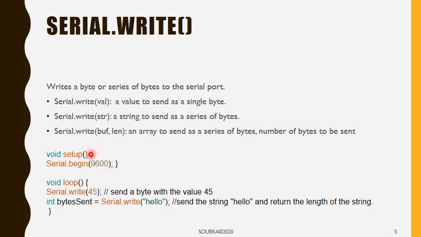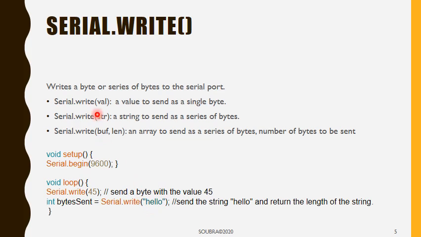So let's see an example here. First thing I need to do is set the baud rate, right, using the begin, and then inside my perpetual loop, I'm sending the byte representing the value 45, right? So the 8 bits are encoded to represent the value 45 here. And what about that one? Can anyone find out the number of bytes that are being sent here?